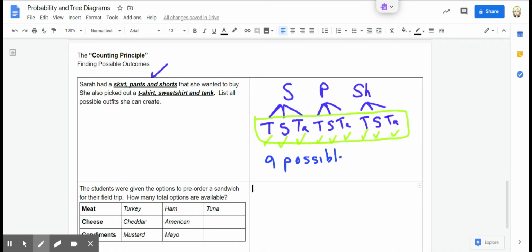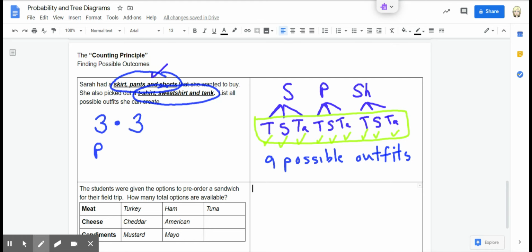Now, there is a really quick way to find this, and it's called the counting principle. And the counting principle just says that you look at your events, and we have 3 possible pants, and you multiply it times the 3 tops.